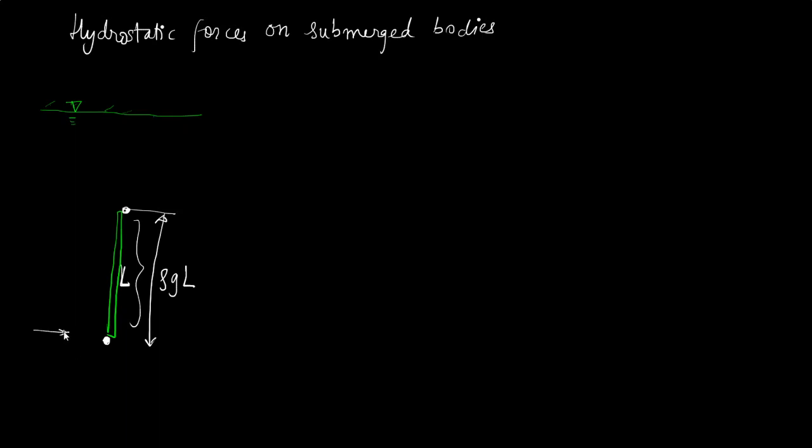If I imagine a small differential element over here, suppose the width of this object into the paper is b and the thickness is dz. And similarly, I will assume another element over here with a thickness of dz.